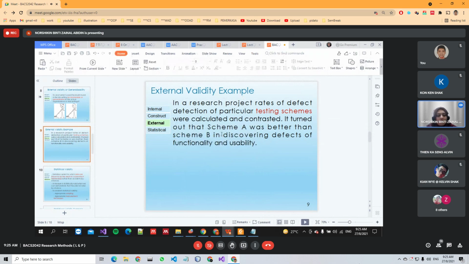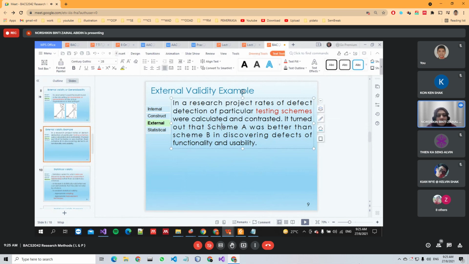What this slide is trying to tell is that they have the same subject, but due to the different scheme, scheme A and scheme B, like I said, a different environment will produce a different result. Scheme A was better than scheme B in discovering defects. They have the same subject, but the result is different.